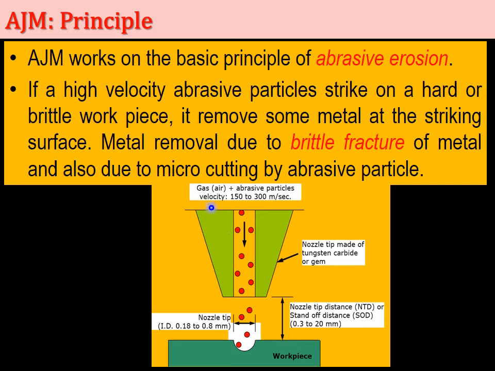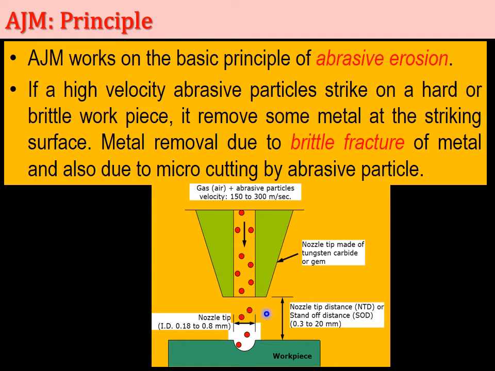Here the gas and abrasive particles, with a velocity of near about 300 meters per second or more, go into a nozzle. The nozzle is used to generate the jet of abrasive particles. The nozzle has a proper shape, and its internal diameter is about 0.18 to 0.8 mm only.